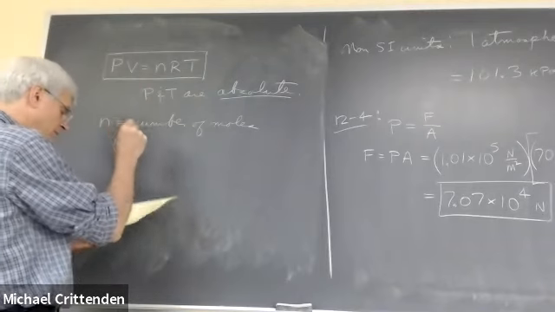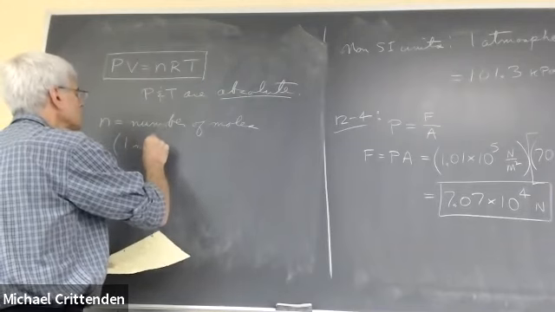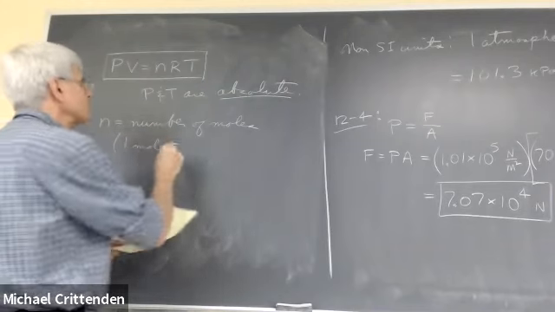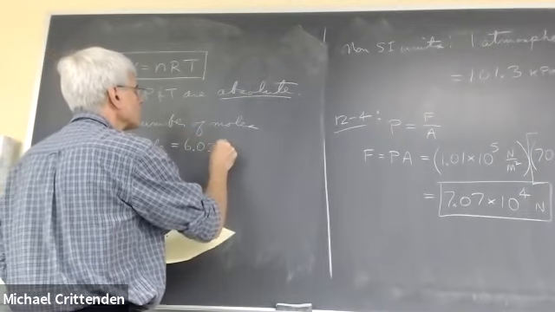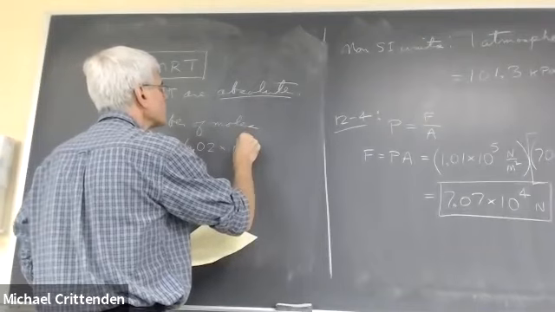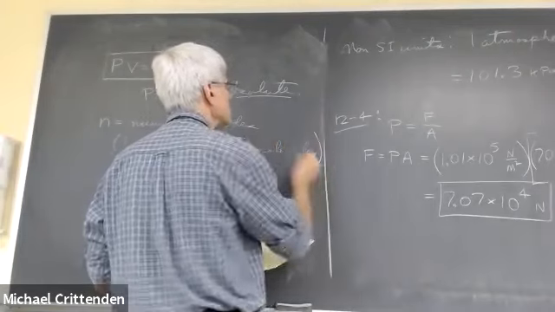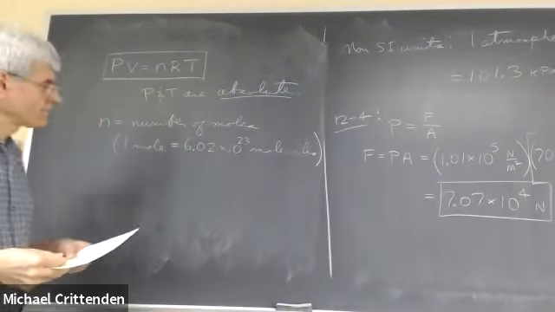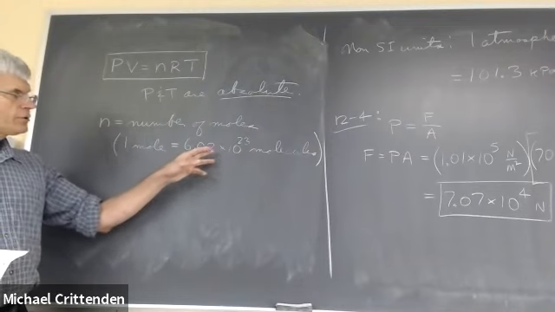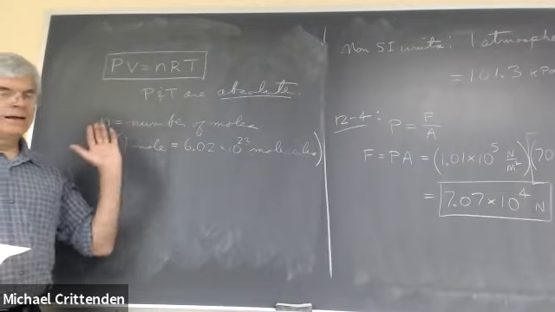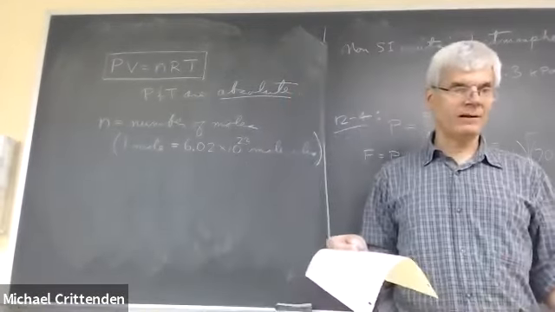But in case you're a little rusty or have somehow managed to avoid taking chemistry, the word mole means 6.02 times 10 to the 23rd in exactly the same way that the word dozen means 12.